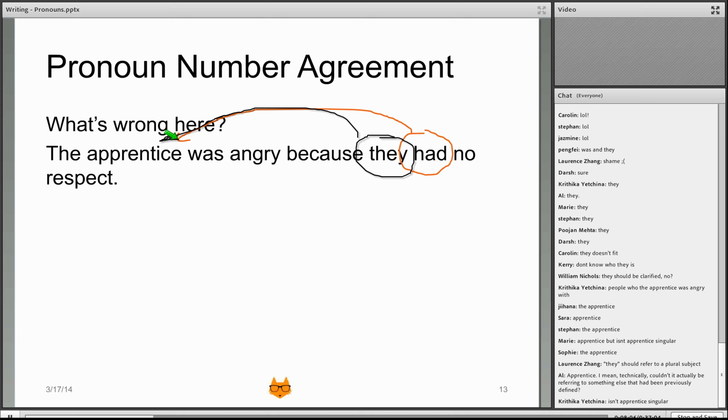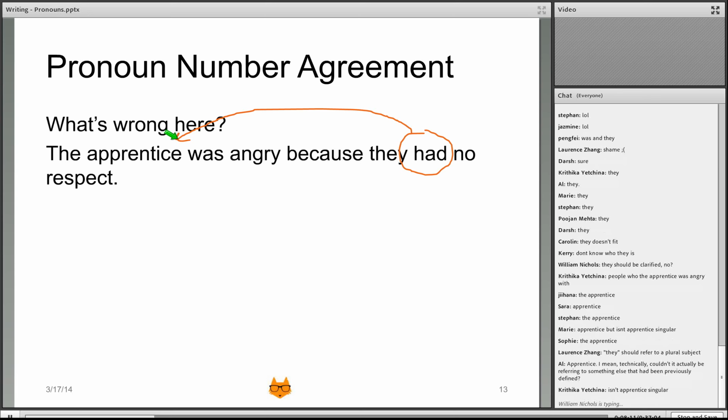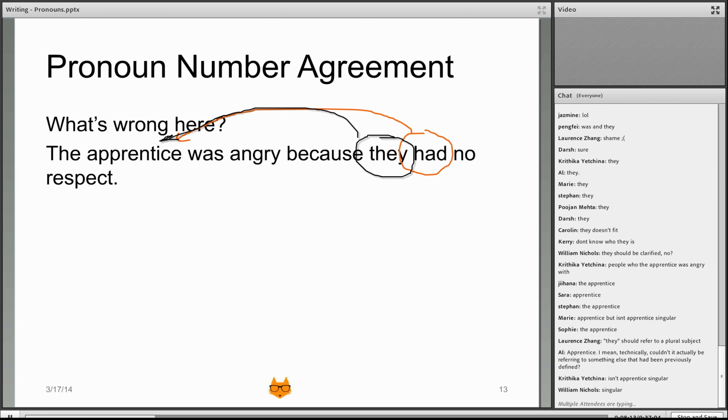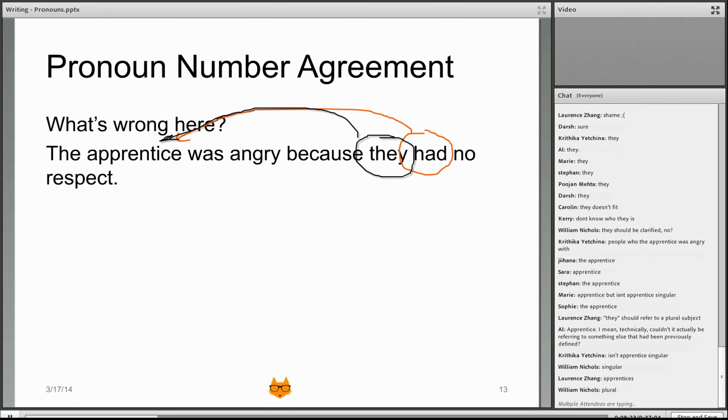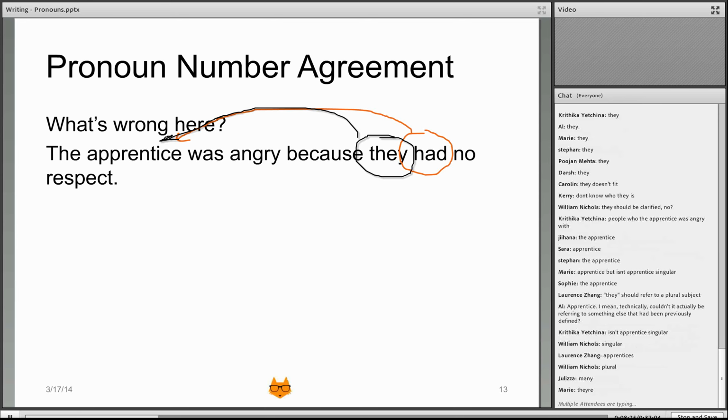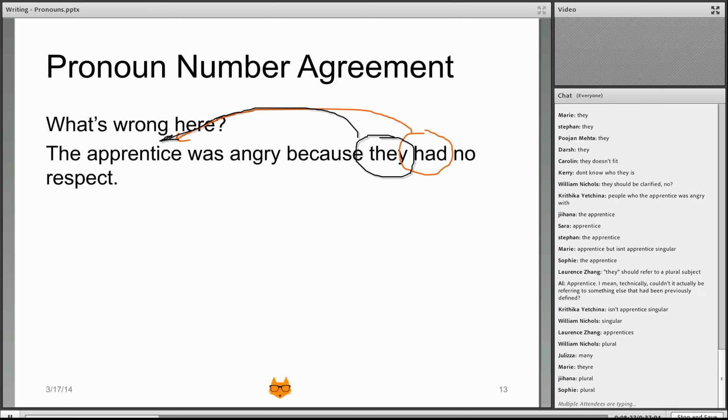So what is the plurality of the apprentice? Yes, the apprentice is singular. And what's the plurality of they? Yeah, they is plural. So if we have a singular apprentice and we have plural they, that doesn't match up.